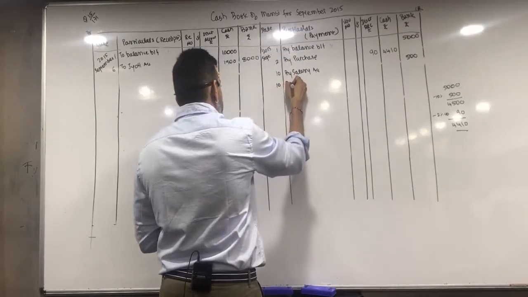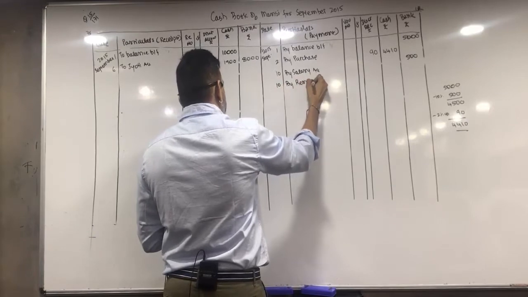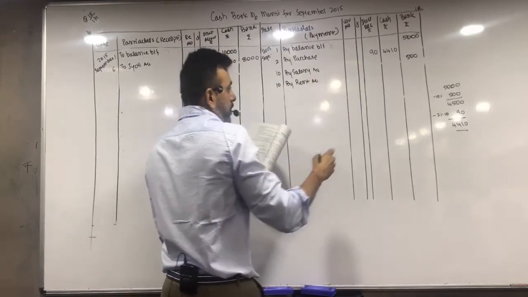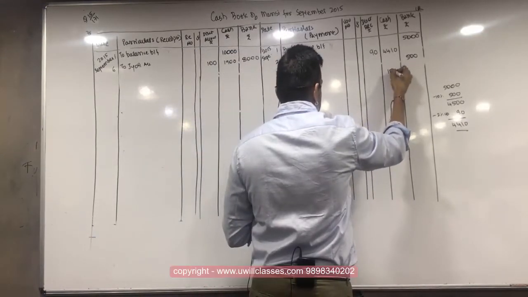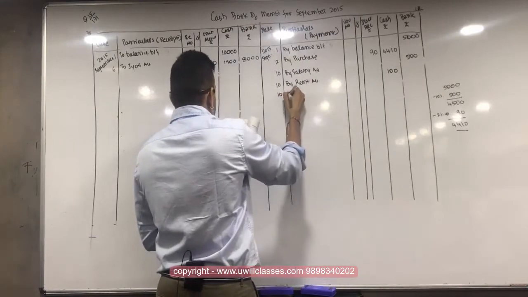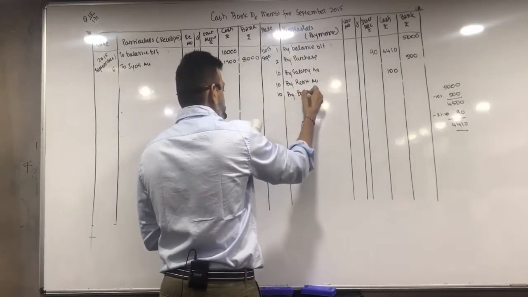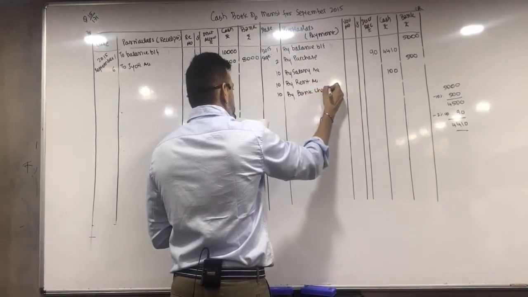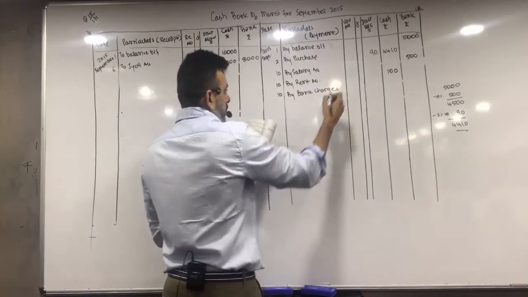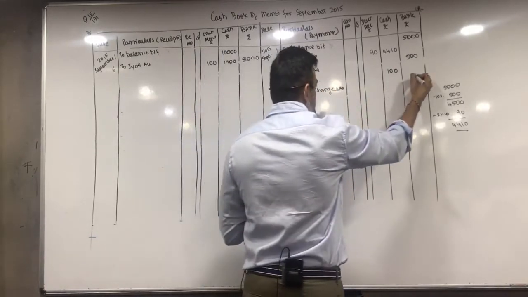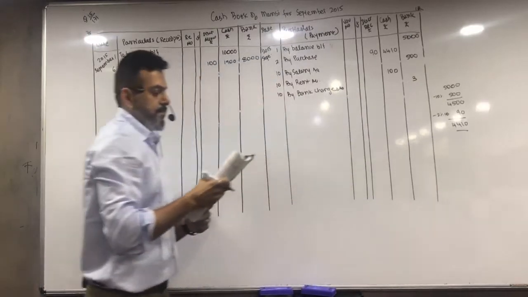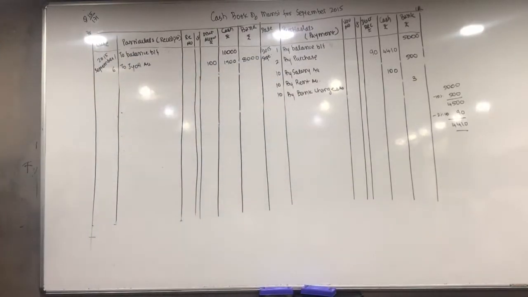Rent paid by rent account 100, cash, and by bank charges rupees 3, bank column. Bank charges always in the bank column.